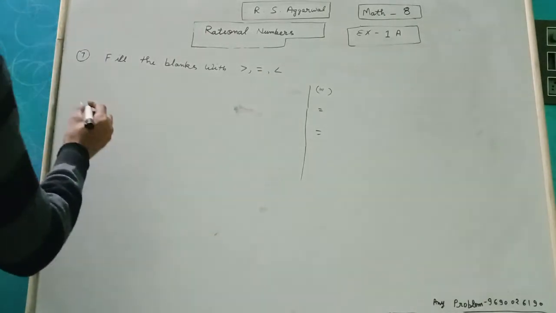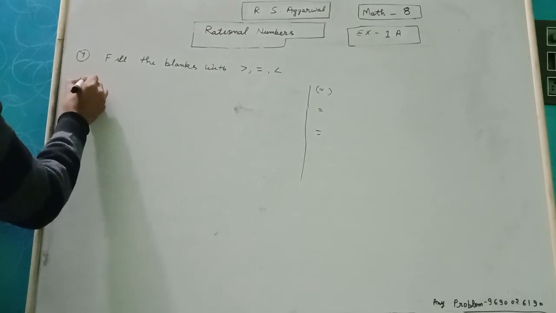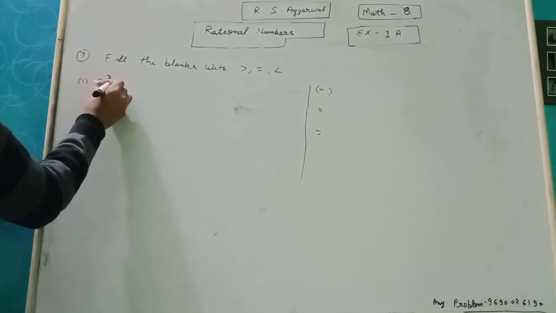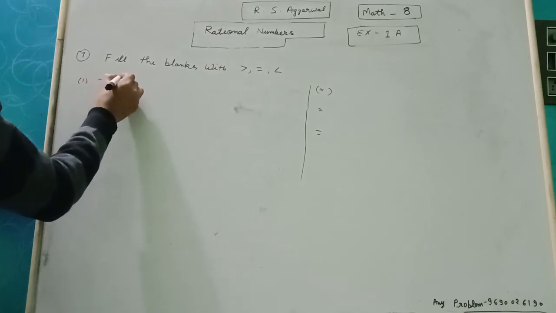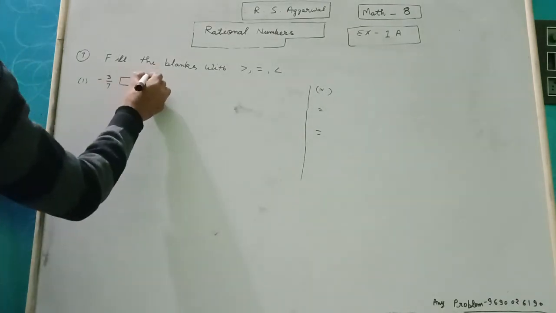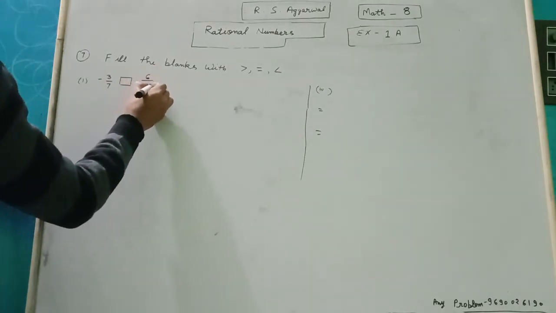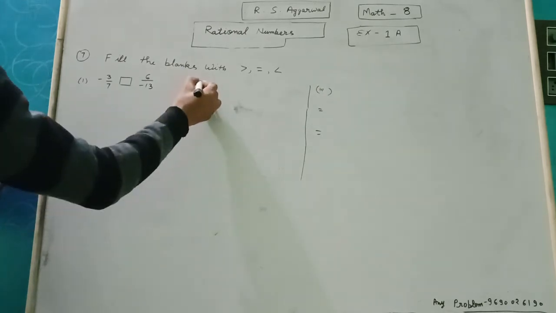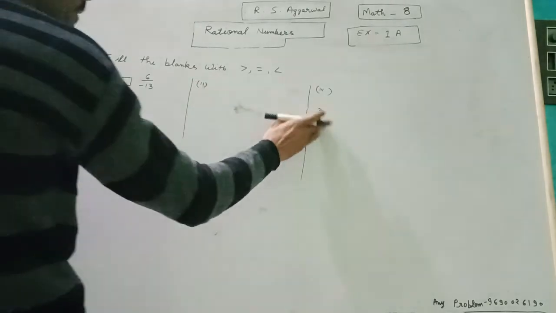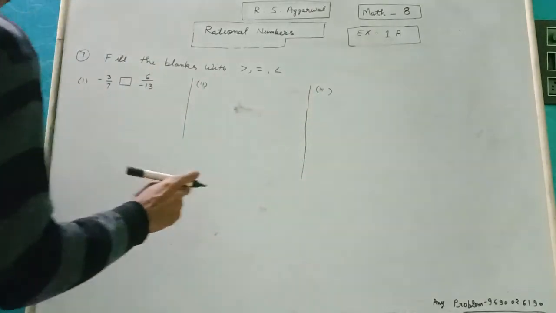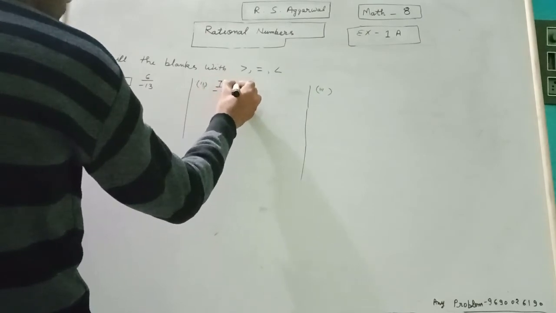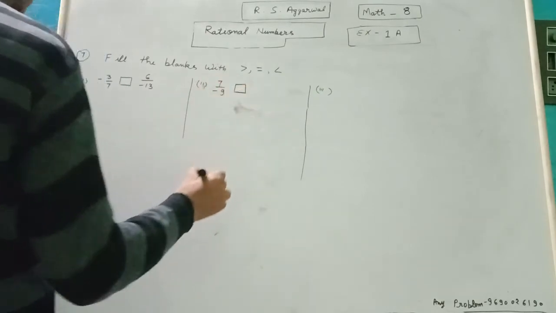First part is minus 3/7, put the box, 6/-13. Second part is 7/-9, blank.